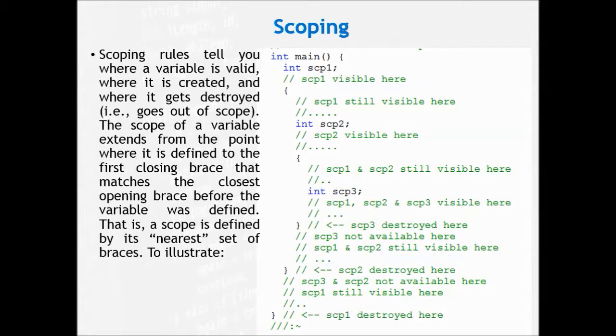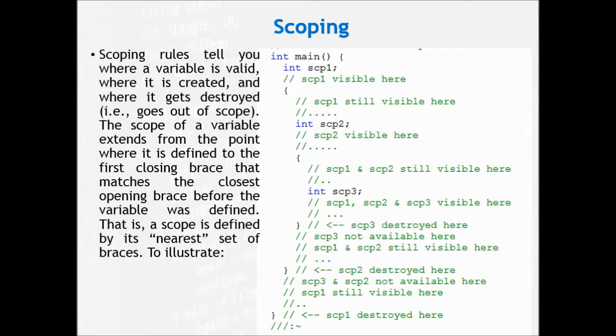After declaring scp3, we close the third curly brace. After closing the third curly brace, we are not able to use our variable int scp3, but we are still able to use the previous two variables, scp1 and scp2.